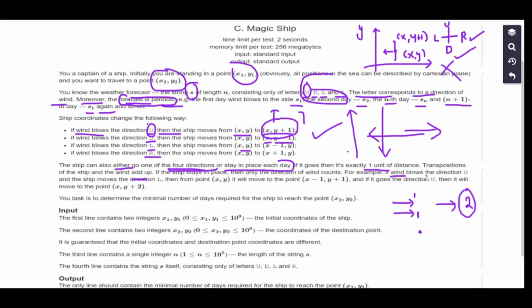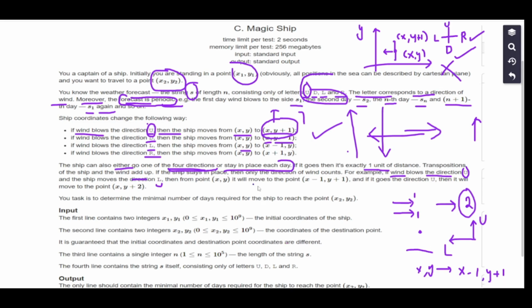For example, if the wind blows in the upward direction U, and the ship moves towards the direction L, while the wind moves upwards, then from x y the ship will move to x minus 1, y plus 1.